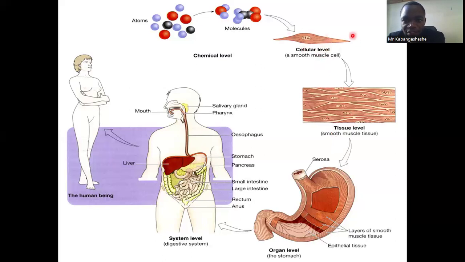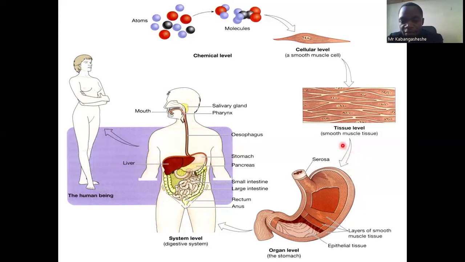So organelles give us cells of different types and different functions. Here, we're just giving an example of a muscle cell. Now, a collection of cells like this form special types of tissues in the body. Tissues are of four types. So we have four basic tissues in the body.